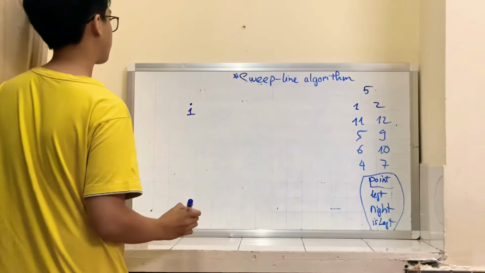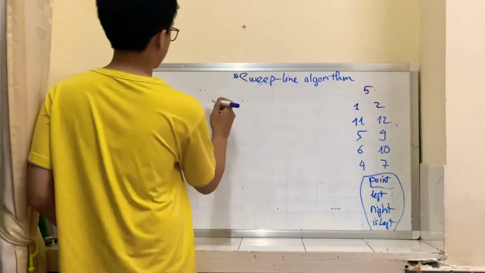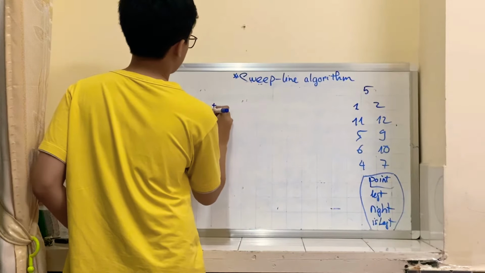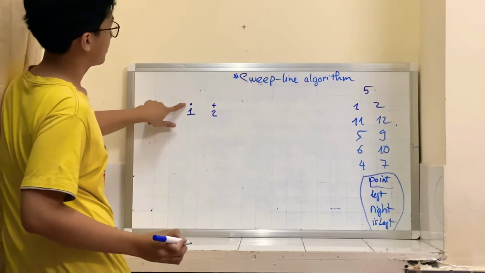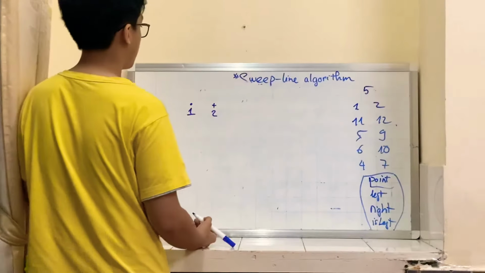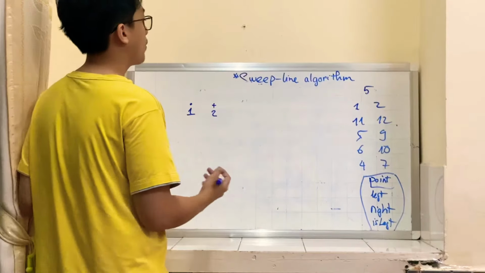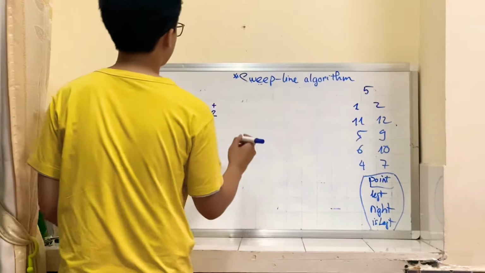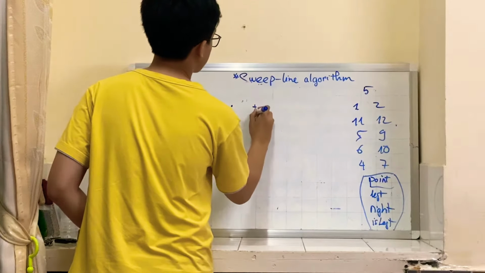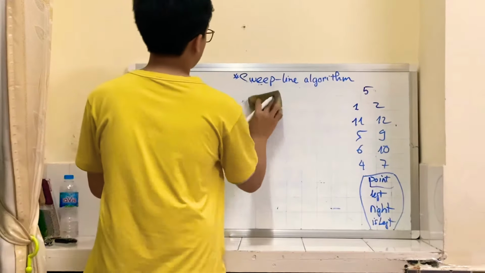The dot one is the starting point, and the second one, the plus one, is the end point. And the second line is 4 and 7, right? Oh no, 4, not 7.